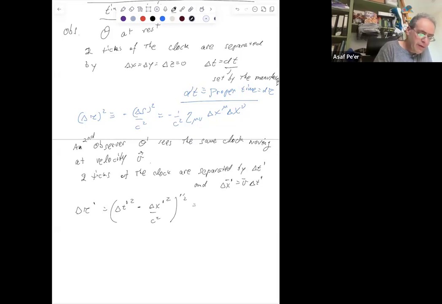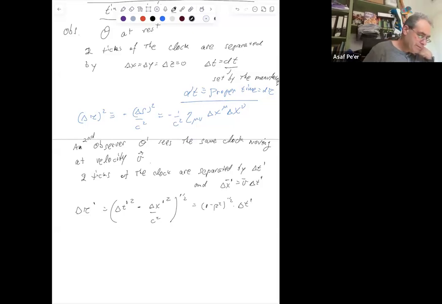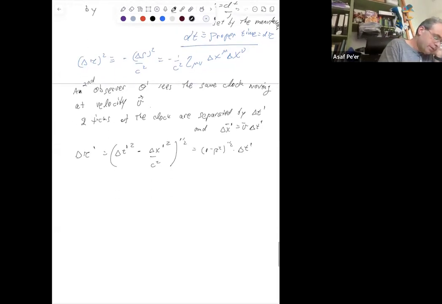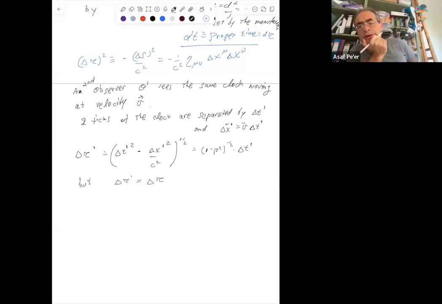So v over c is beta. So we have 1 minus beta squared to the power 1/2 times delta t prime. But delta tau prime is equal to delta tau because we all agree on the interval.